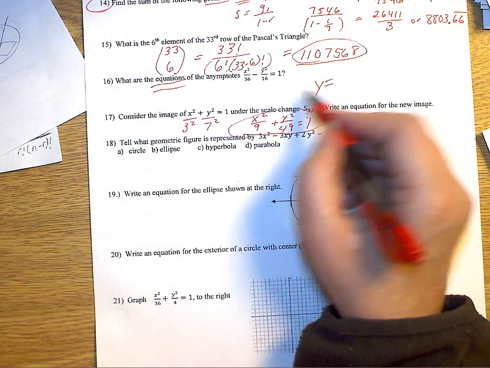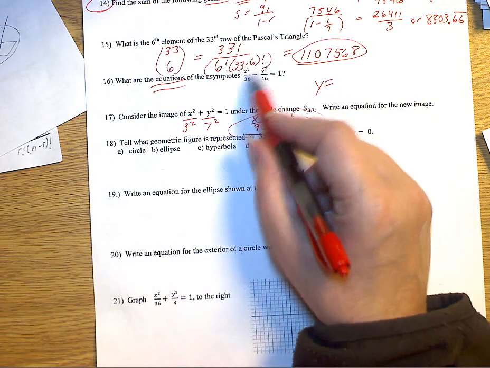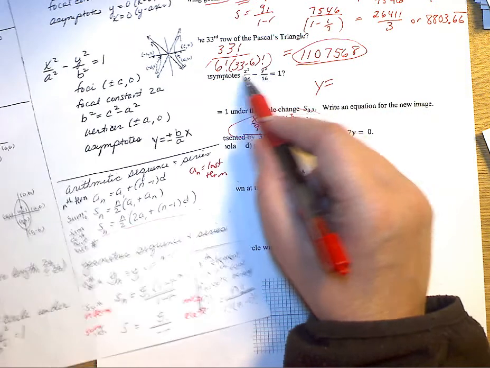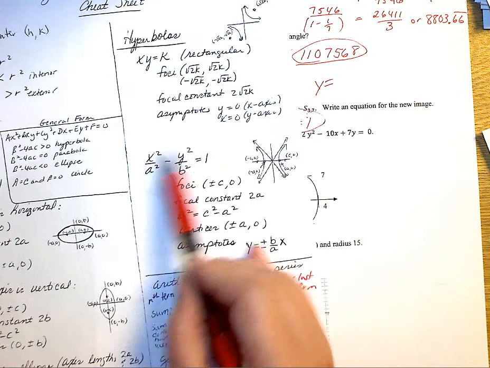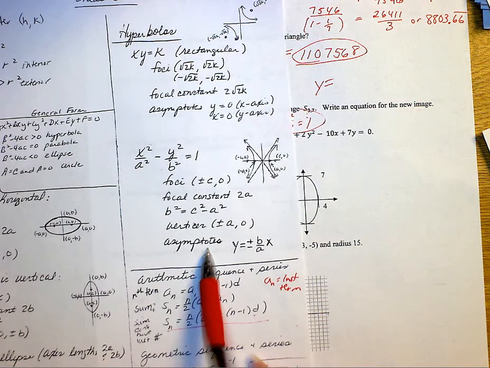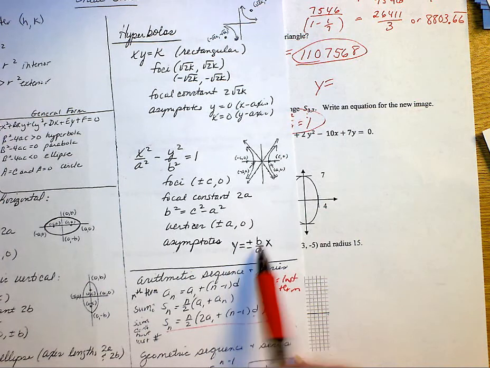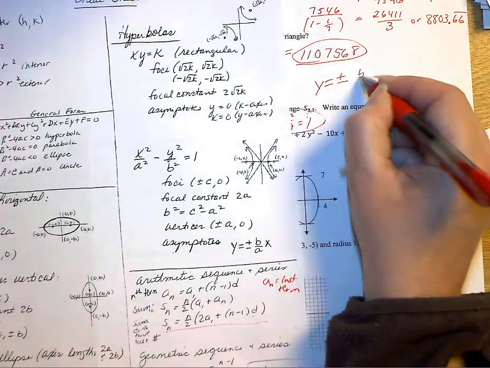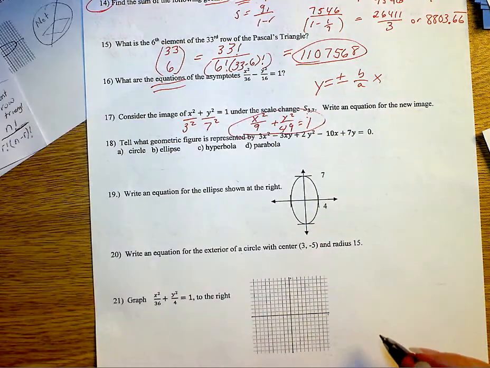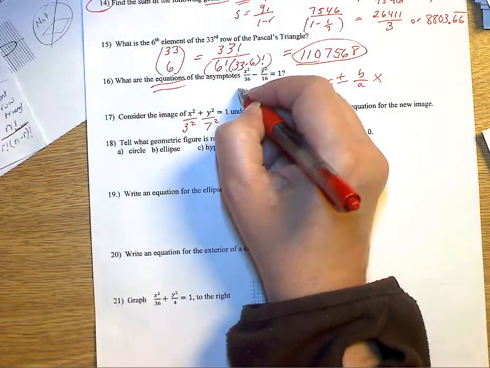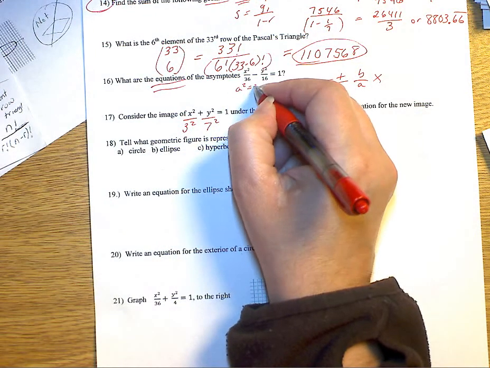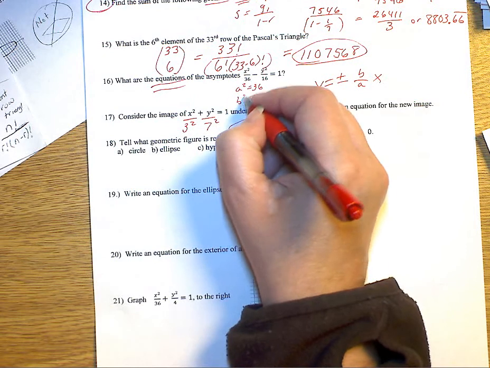Then you have to look here and hopefully you notice that it's something minus another, x squared. So this is the equation we're looking for. Look down here, it says asymptotes. So it's y equals plus or minus b over a x. Always remember that a squared is under your x squared. So a squared is 36. b squared is under your y squared.